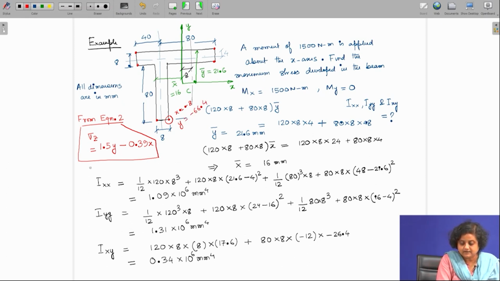If we substitute these two values, x equal to minus 8 and y equal to minus 66.4, in this equation, we will find that sigma z max is going to be minus 96 Newton per millimeter square. So this is the answer that we are looking for.